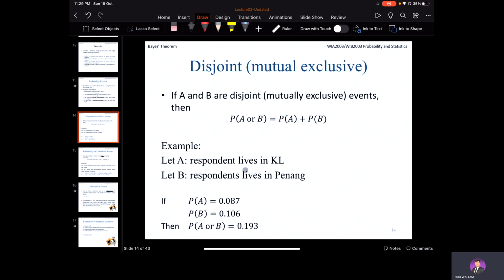Then you want to sum up the total respondents that live in Malaysia. In that case, you have the probability of A, which is like this, the probability of B, which is like this, and then the probability of A or B equals 0.193. In terms of a Venn diagram, you have your A and B disjoint or mutually exclusive. That's why you can sum up directly.